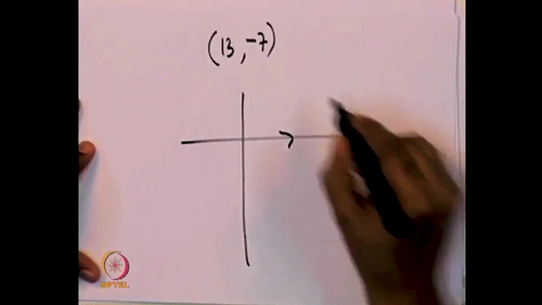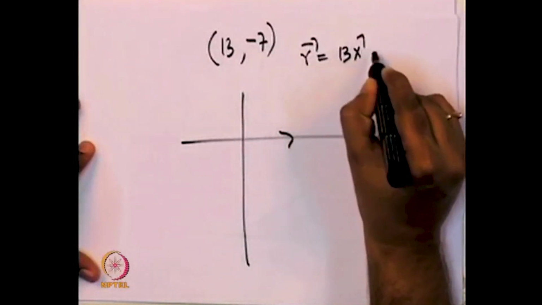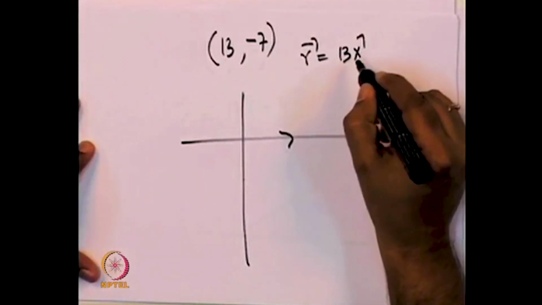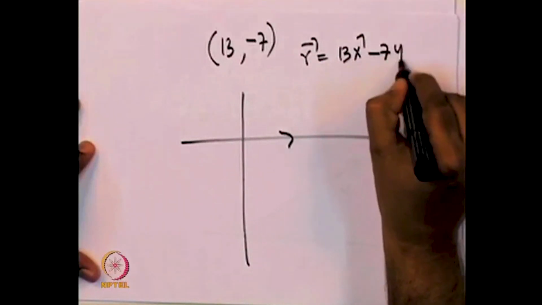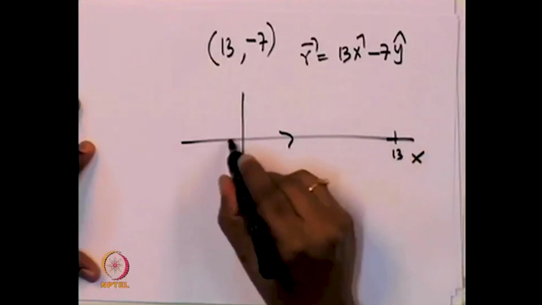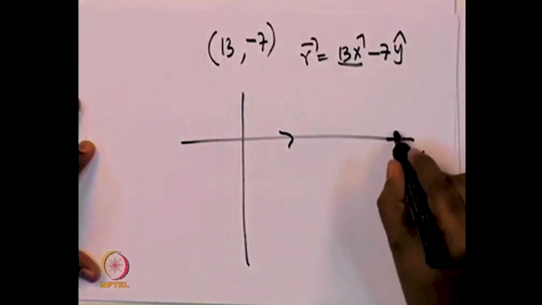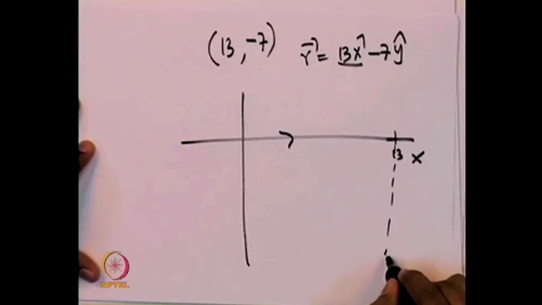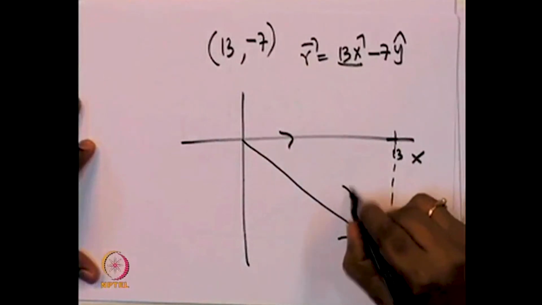So, this vector r will be 13 along the x axis plus 7 along the minus y axis, so minus 7 y. So, 13 along this x axis, and minus 7, that is in this direction, 7 along the y axis. Then you have this particular vector r.